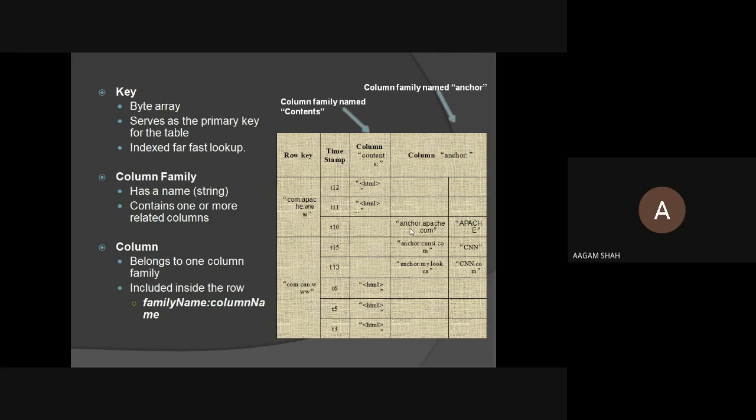Next, a column belongs to one column family and is included inside the row, that is family name and column name, as shown in the image at the side. Here is the column family named contents and the column family named anchor. Anchor contains one or more columns in the one column family, and the contents column family contains only one.